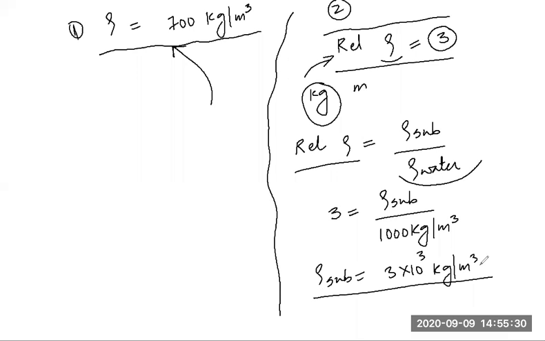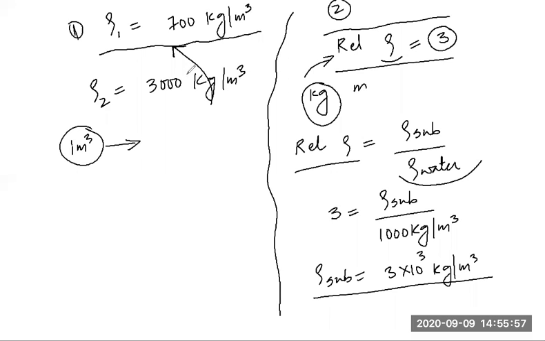So students, the first substance has density rho 1, and the second substance, rho 2, has a density of 3000 kilogram per meter cube. If we take volume as constant, 1 meter cube, how much more mass does this substance have compared to the other per meter cube?